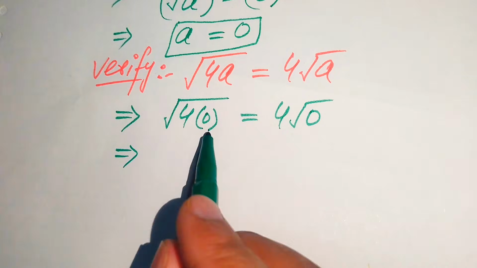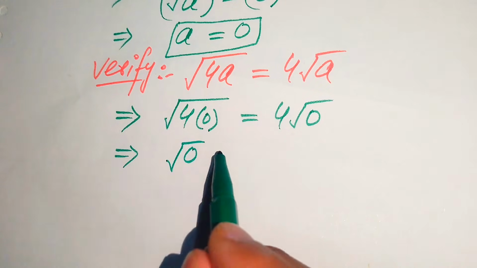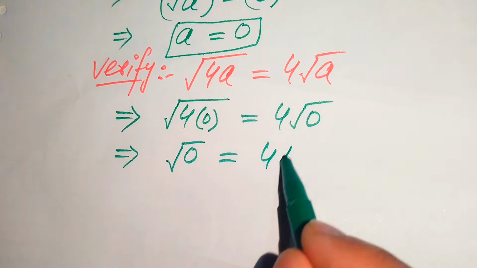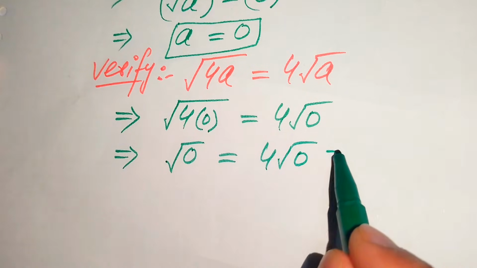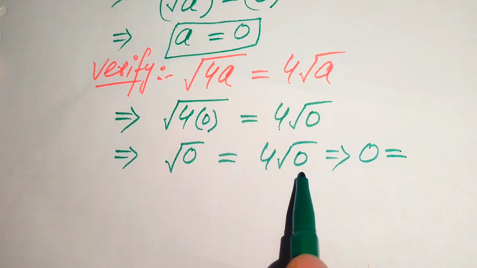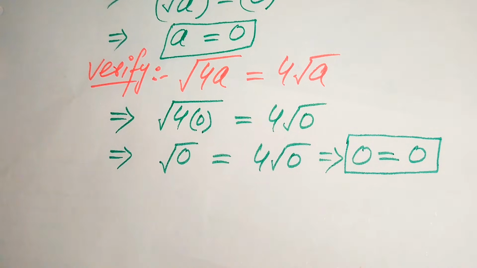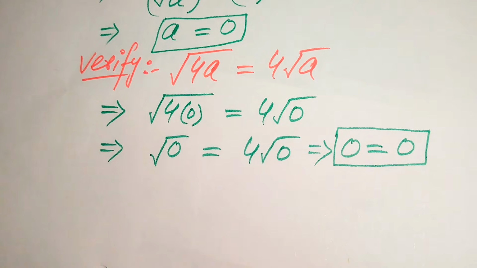So the square root of 0 becomes 0, and the other square root of 0 also becomes 0, and 0 multiplied by 4 becomes 0. This shows that both of the sides are equal. It means that a equals 0 satisfies our given question statement.